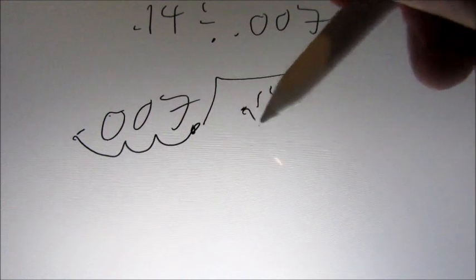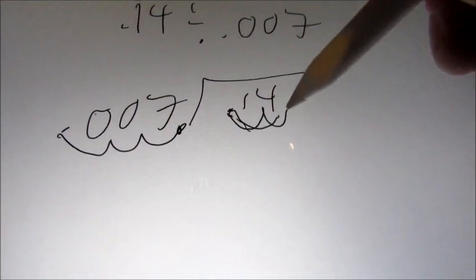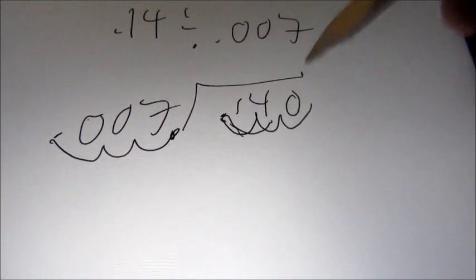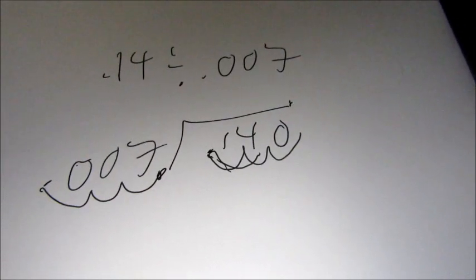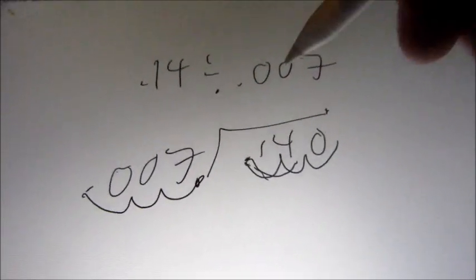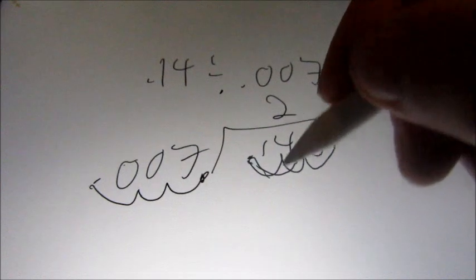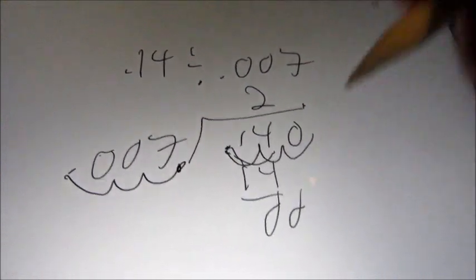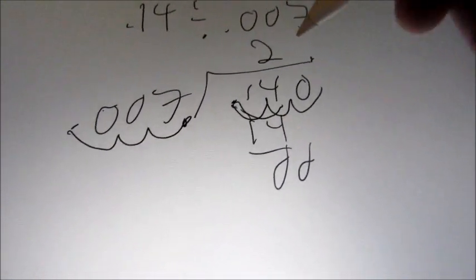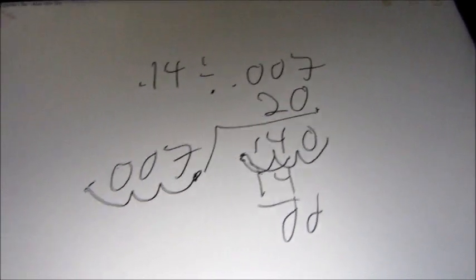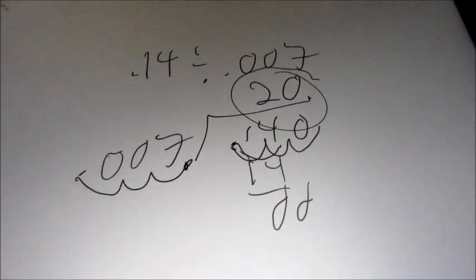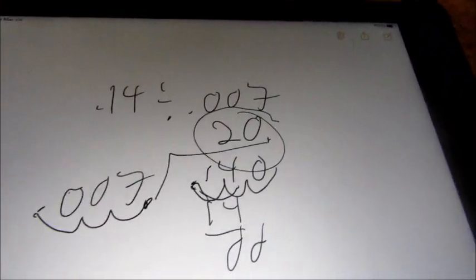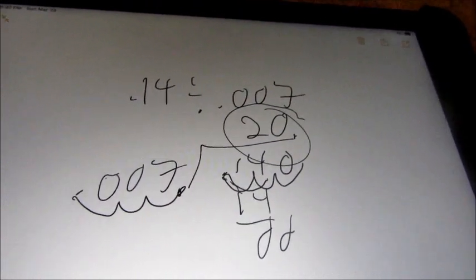So I need to do the same here. 1, 2, 3. So that puts an extra 0 there. 7 will go into 14 2 times. 2 times 7 is 14. 0 remainder. 7 will go into 0 times. So our answer here would be 20. And that is it for 1.7.